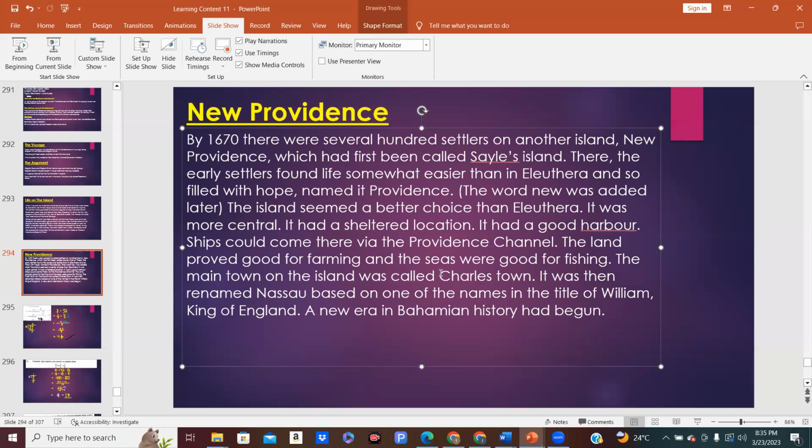Well, it was Charlestown, but then it was called Nassau, based on what? Based on the names and title of William, King of England. Yes. So based on one of the names in King William's title. Okay.